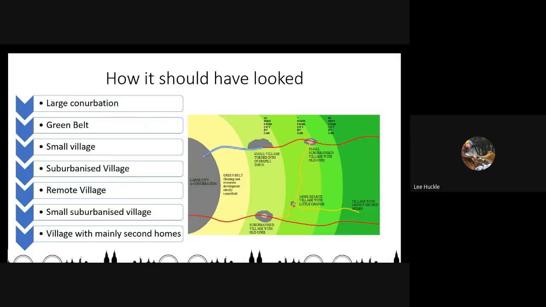Now, suburbanization is an important factor as part of the rural urban continuum. You then looked at the remote village, the small suburbanized village, and then the village with mainly second homes. So they're all different sizes, different size population, different size settlements, and different distances away from that large city of conurbation.